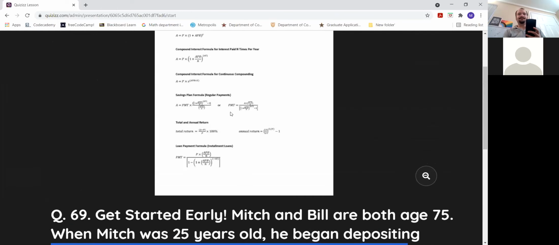Okay. So 5% compounded once per year. And I believe this is just to the nearest whole dollar.